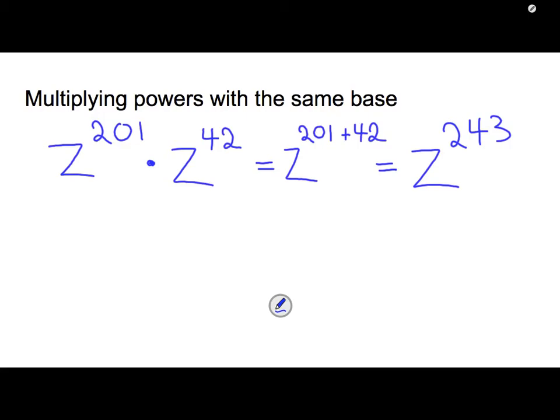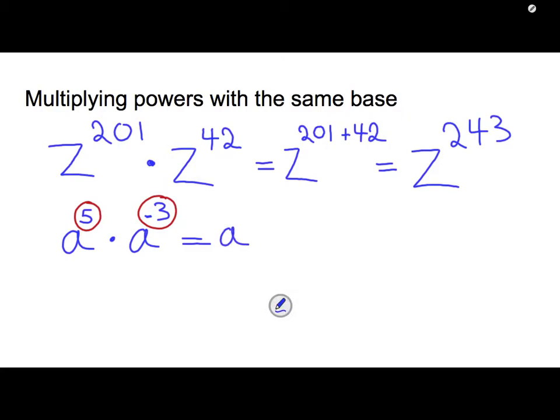All right, let's try a couple that have some negatives in them. Let's do a to the 5th times a to the -3rd. Well, just like before, I'm going to add up my exponents.